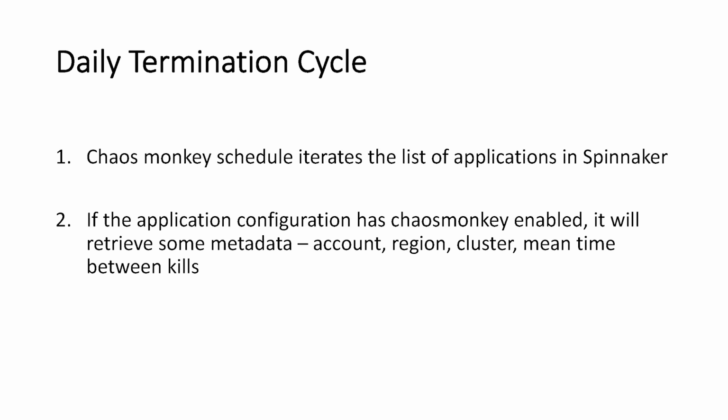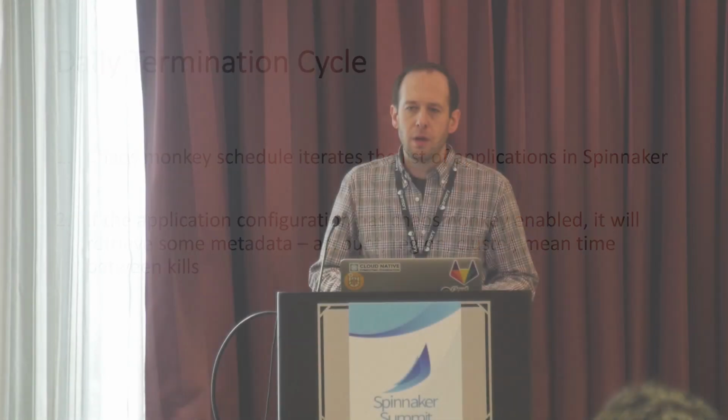What that schedule command does is it queries the Gate API to list all the applications. It determines the ones that have Chaos Monkey enabled. In addition, on those, it will go in and retrieve some metadata about it. Just so happens to be the exact same thing that you supplied in that UI. So account, cluster, it gets all of that and incorporates it into its decision.